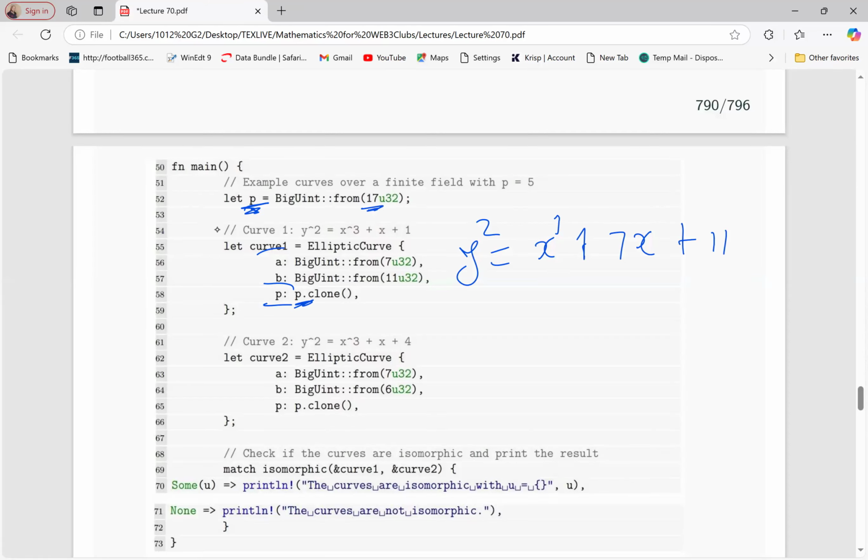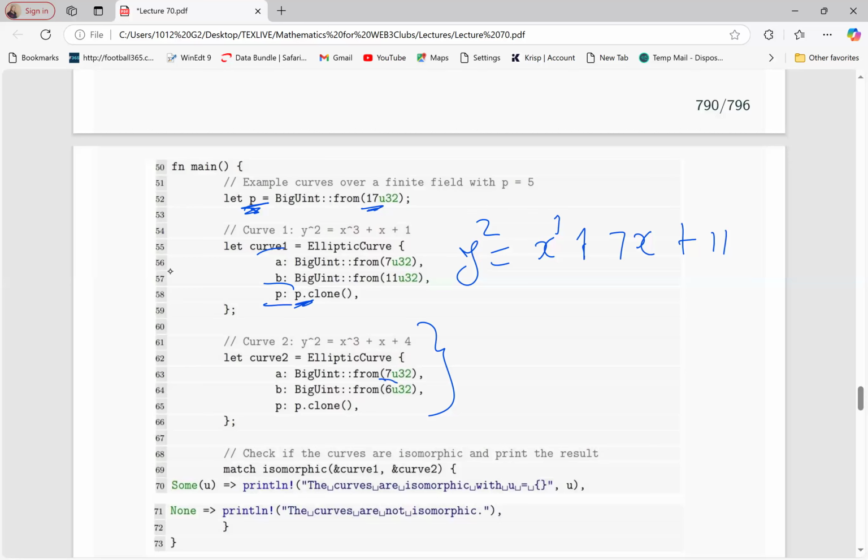I'm doing it with U32 bits. You can do it with 64 bits, 128, and so on, or even for very huge numbers. And then I also define the parameters for my second curve.